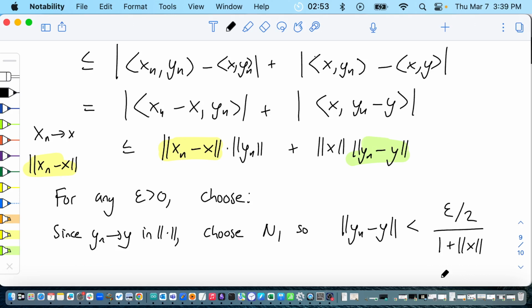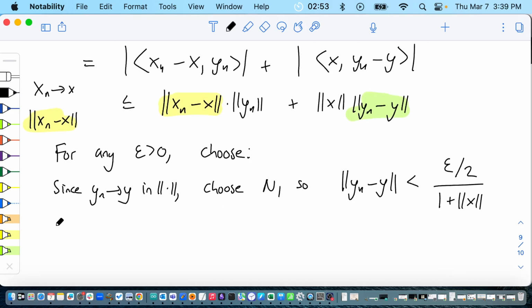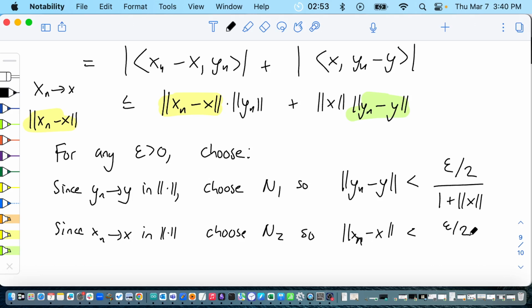Okay. The next one is a little harder. Since xn goes to x in norm, we're going to choose n2. So what? xn minus x. Again, it depends on epsilon, but what are we going to do? And why is it trickier than the other one?